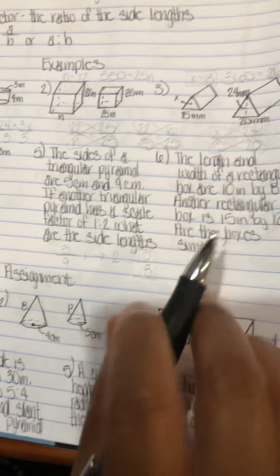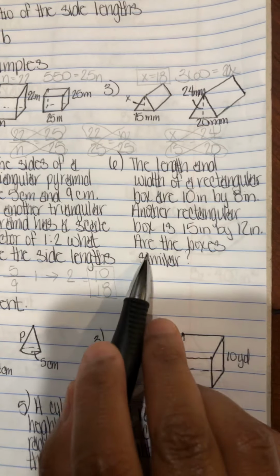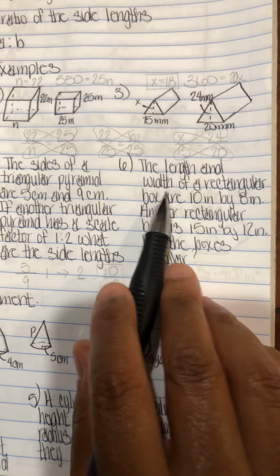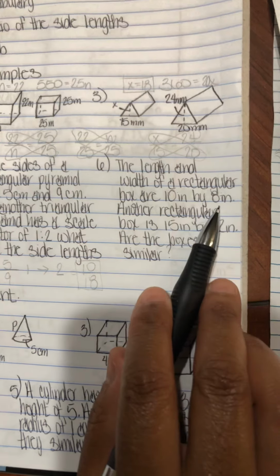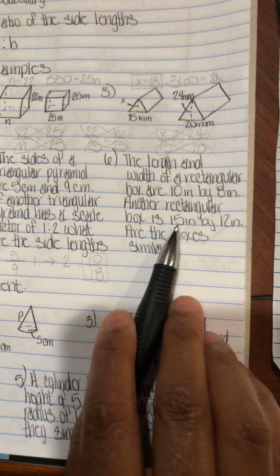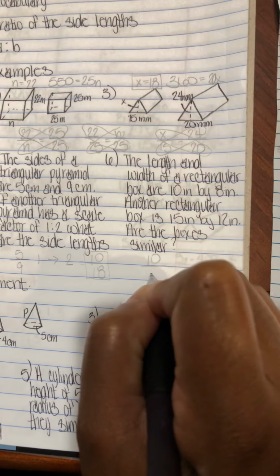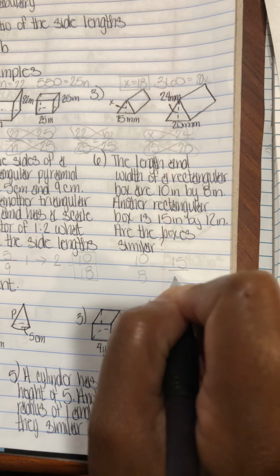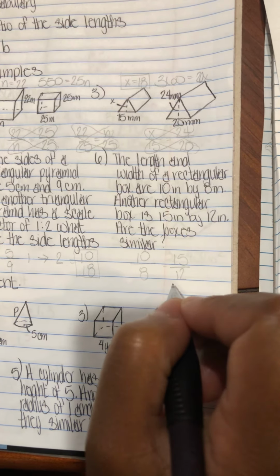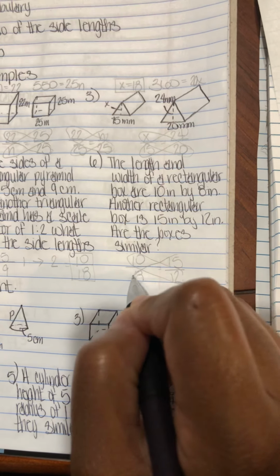For the last one, it's asking you to see if the two boxes are similar. It says the length and width of a rectangular box are 10 by 8. Another one is 15 by 12. So 10 by 8 has to be equal to 15 by 12. If it isn't equal, then I know that they're not going to be similar.